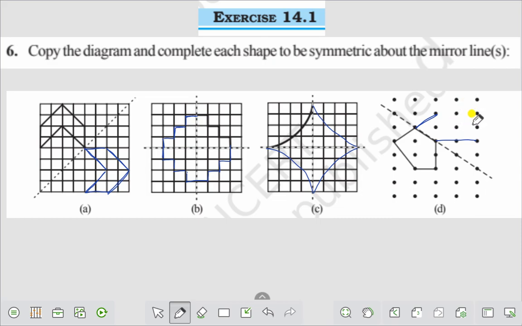This way, two lines. That means we will take one line here, and if we join this one, we will get the symmetric about this figure, nearly symmetric, right? The points are here and there, but you can do nearly symmetric in this way, right?